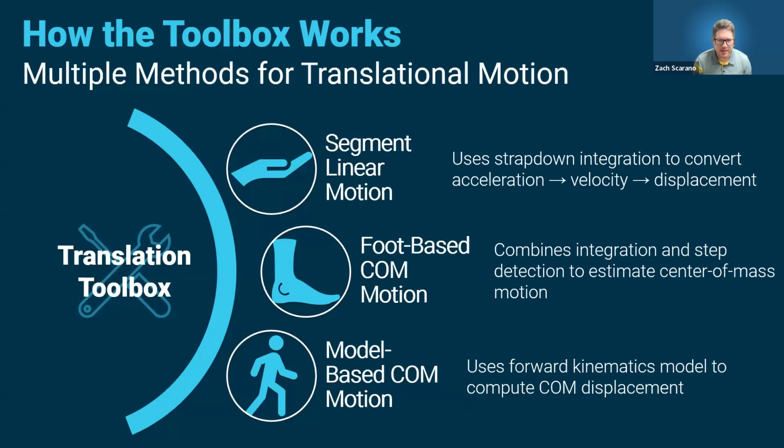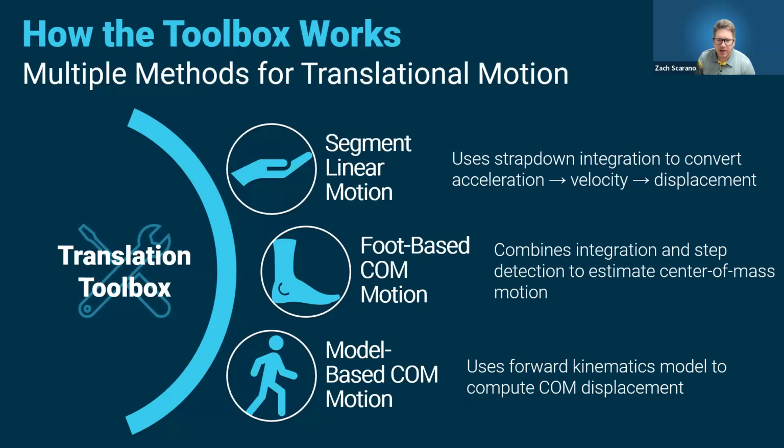Second is a foot-based center of mass motion. And so with one or two foot sensors, MR4 can leverage the contact detection algorithms as well as the integration to estimate horizontal center of mass displacement and speed.